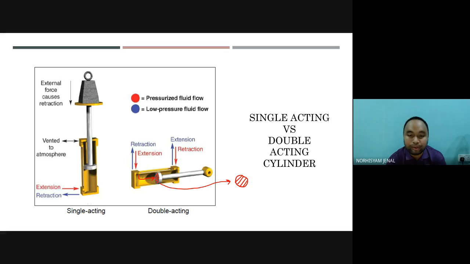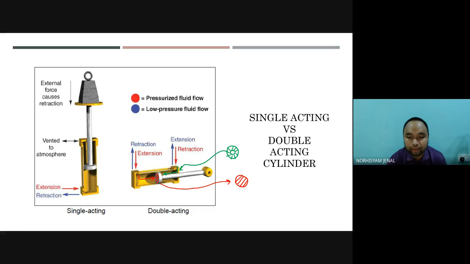Okay, the difference with retraction is if the liquid comes from the other side, for example from here, it goes to the area here, the surface area that will be hit by the liquid is only this part over here. Why?